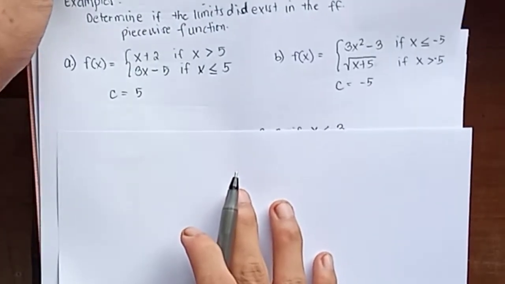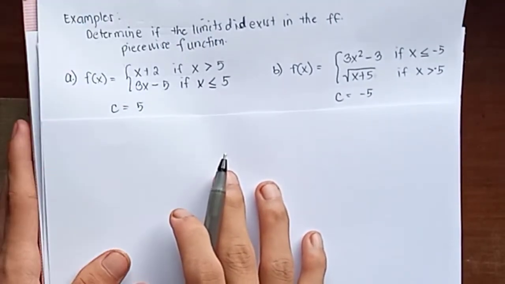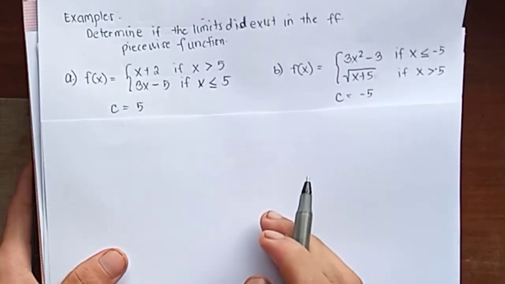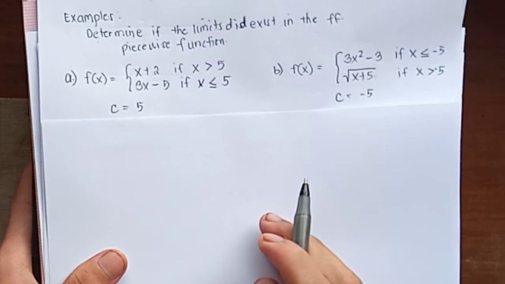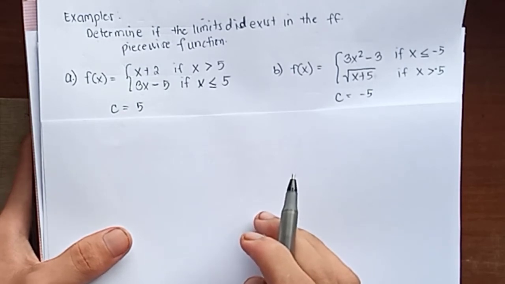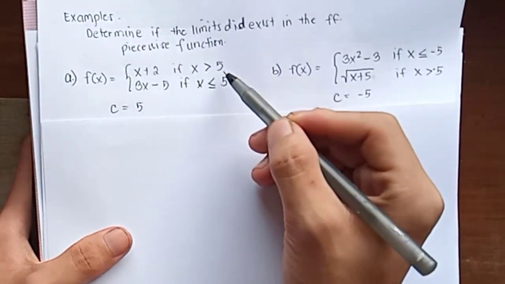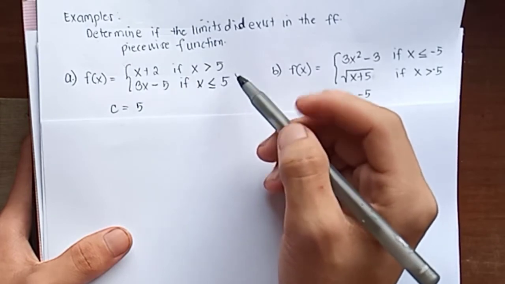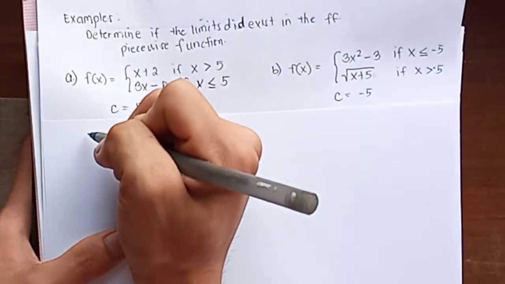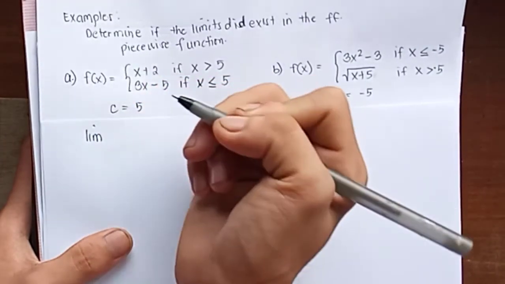So, let's have examples. So, it is applicable for piecewise function or piecewise defined function. Let us determine if the limits exist or did exist in the following piecewise function. Let's have letter A. In letter A, the value of C is 5. Now, first and foremost, we are going to find the limit at the right.